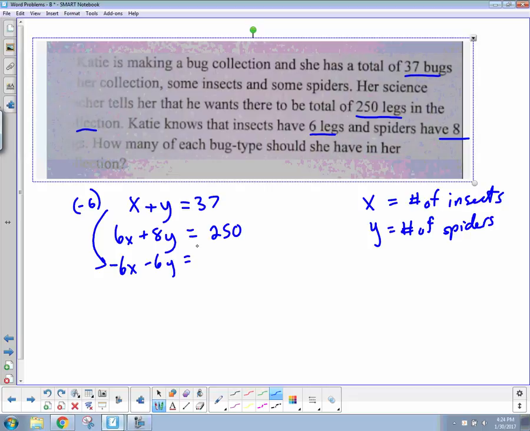Doodle your line. X's cancel because we talked about it. 2y equals, what is that going to be? It should be 28. But I'll check to make sure. Nailed it. Divide by 2. Y equals 14. Y was spiders, so 14 spiders.